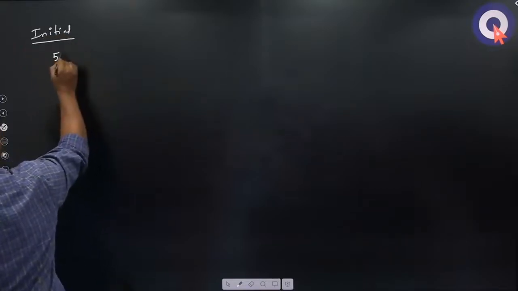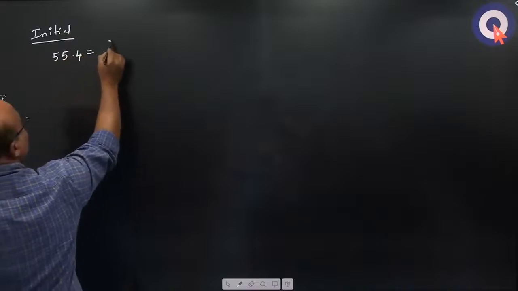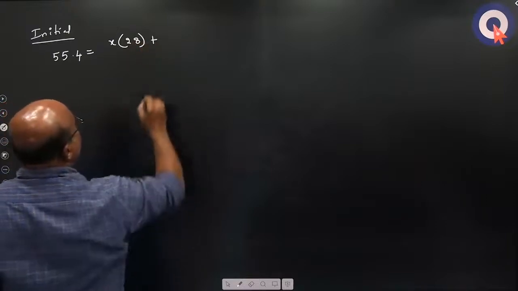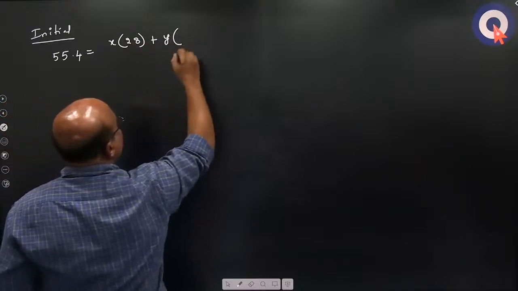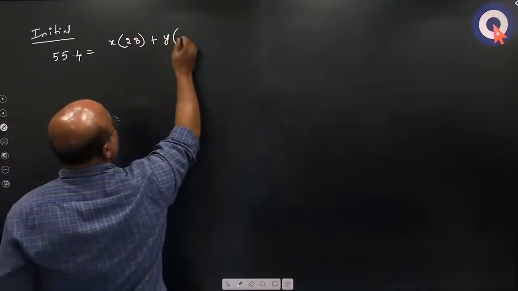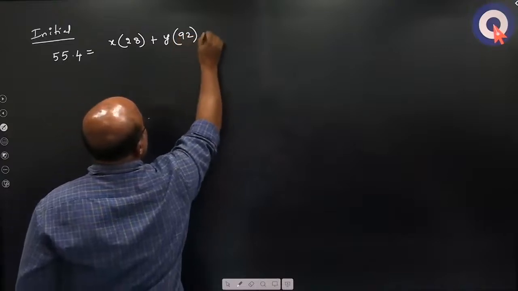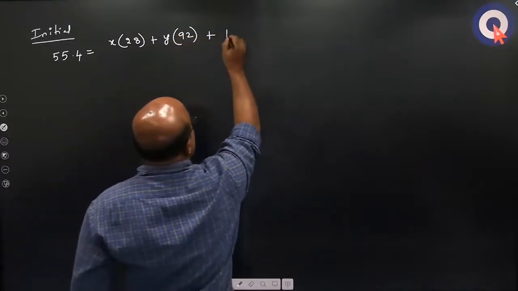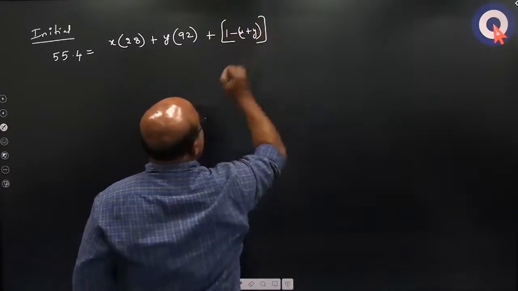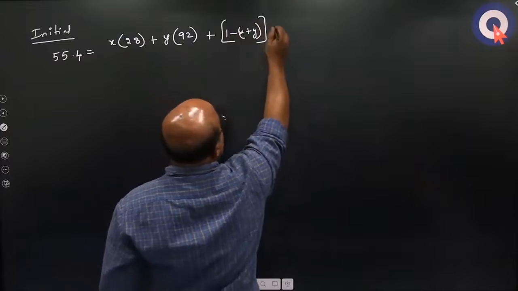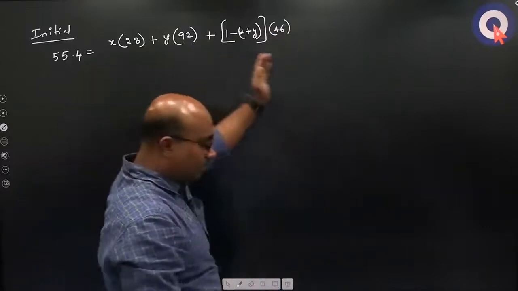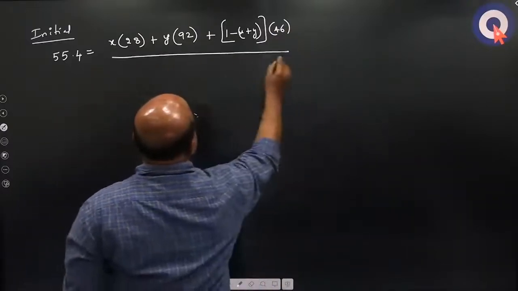The mean molecular mass is 55.4, which is nothing but x into the molecular mass of nitrogen, 28, plus y into the molecular mass of N2O4, which is 28 plus 64, that is 92, plus the moles of NO2, which is 1 minus x minus y, into 46. This is the total mass of the mixture, and by the total moles I can directly say 1.